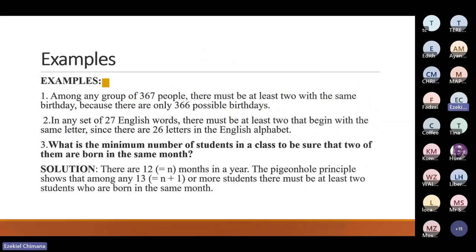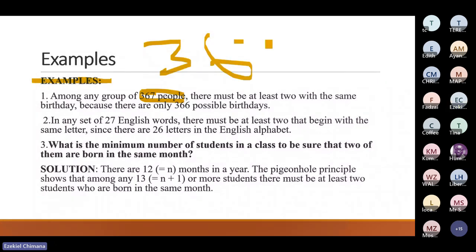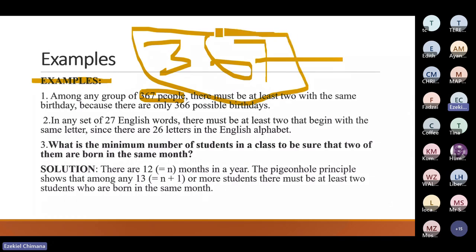We've got another example here, which says among any group of 367 people, there must be at least 2 with the same birthday. What you are saying is, you have got 367 people, and among all these people, there must be at least 2 with the same birthday.